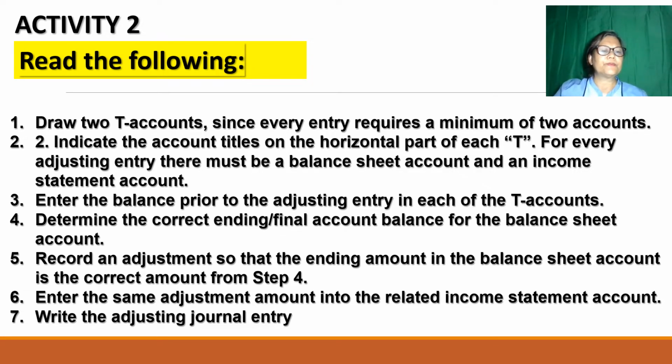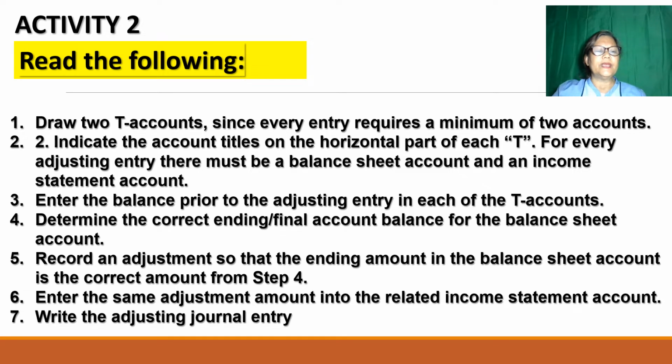Number 2, indicate the account titles on the horizontal part of each T. For every adjusting entry, there must be a balance sheet account and an income statement account. Number 3, enter the balance prior to the adjusting entry in each of the T accounts, usually your original entry.